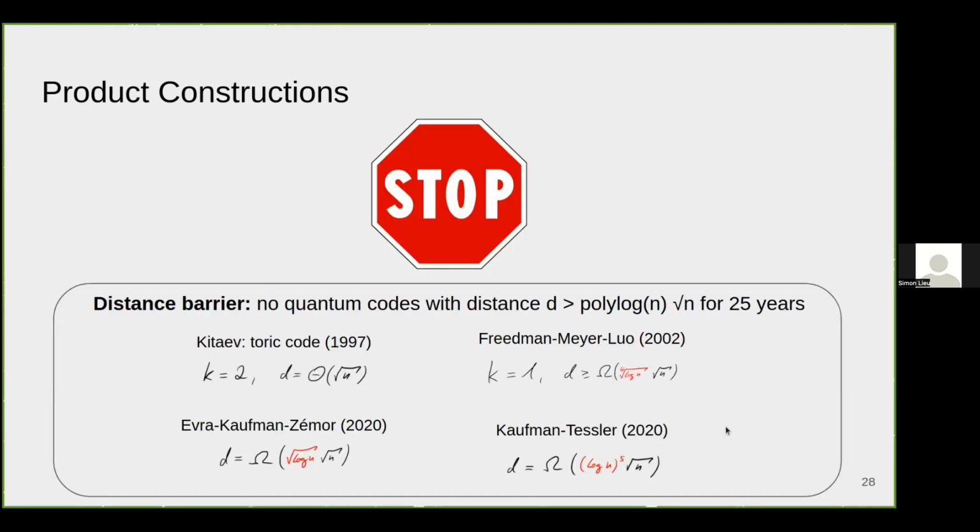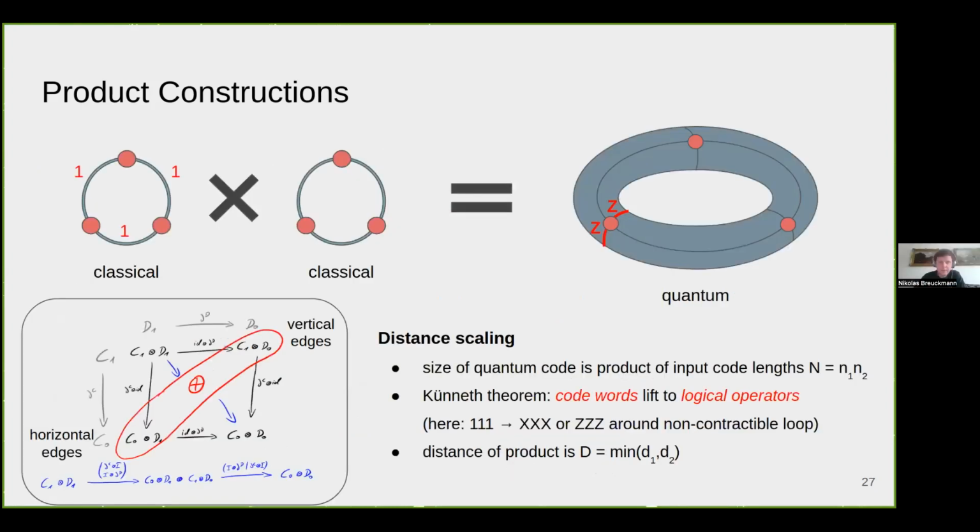However, can I ask a very basic question? Sure. Could you go to the slide before? Is there a way to think of this in terms of a real space picture, or do you have to use this? I guess you're saying this product of two classical codes, you had to do this mapping for vertices and edges. Is there a real space picture for physical qubits, where you could get a product of two repetition codes equals a toric code, or do you have to do this abstract mapping first?